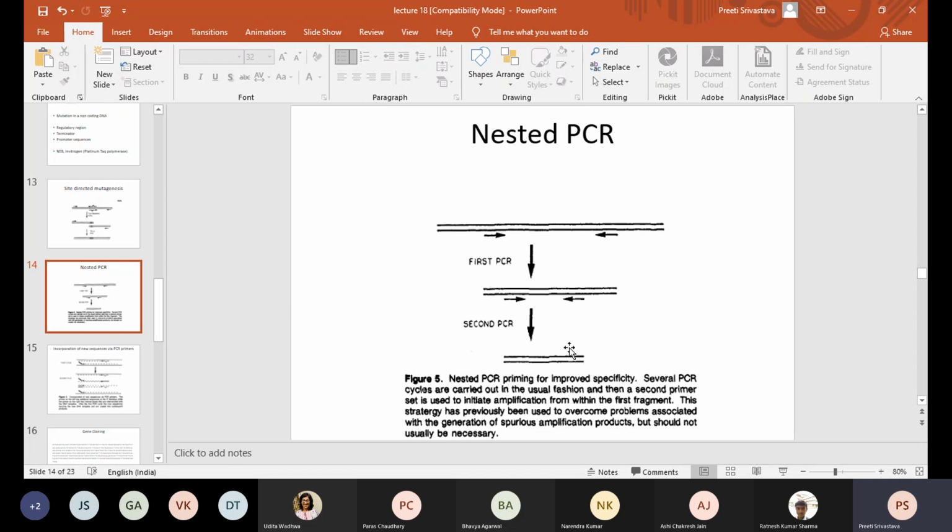So after the second PCR you will get enough intensity. This is used for improving the specificity, or sometimes when the yield is less, or sometimes when you have non-specific bands. In such cases we use the PCR product as template and perform a second PCR, and this PCR is called nested PCR. Okay.